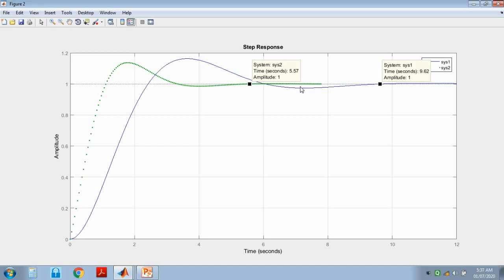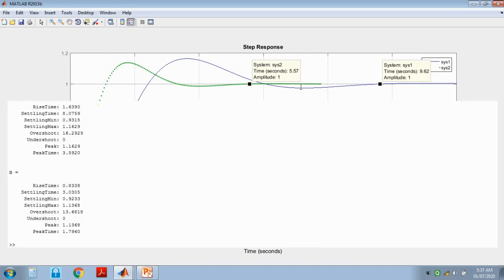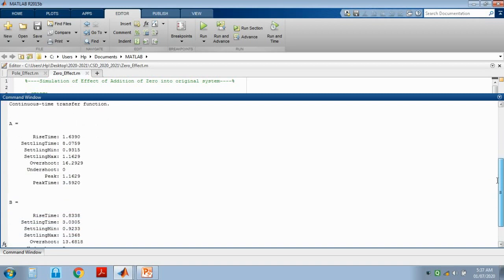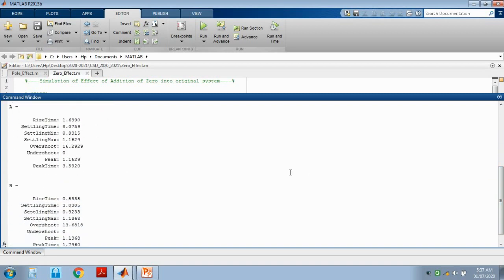So this is the effect of addition of open loop zeros to the system's transfer function. These parameters that we have observed on the figure file are also given in terms of numerical values. For the first system, or system 1, the rise time is 1.63 seconds. For system 2 it is 0.83.